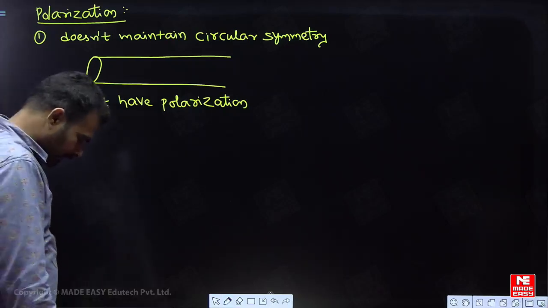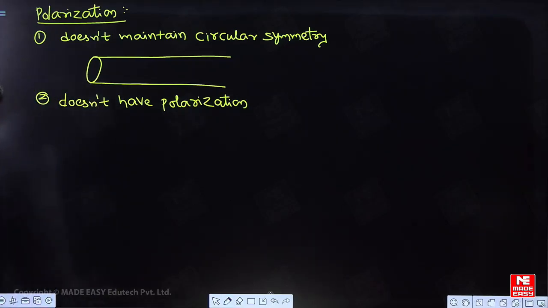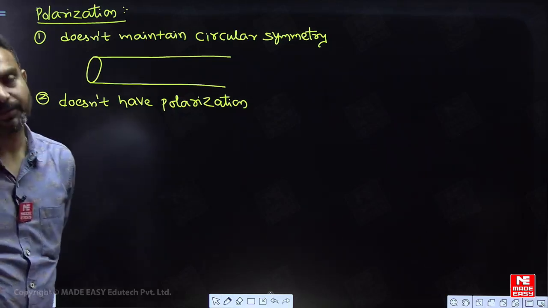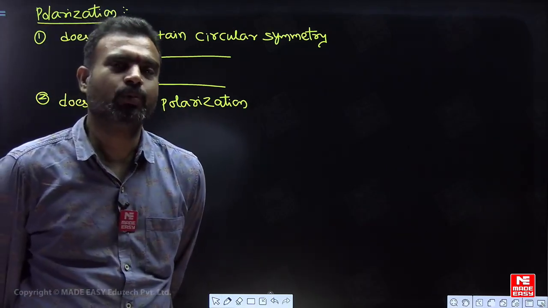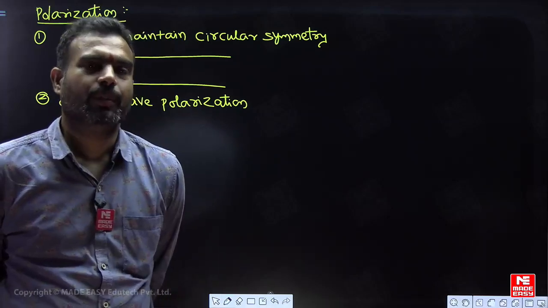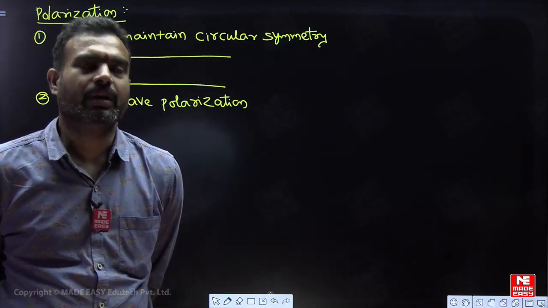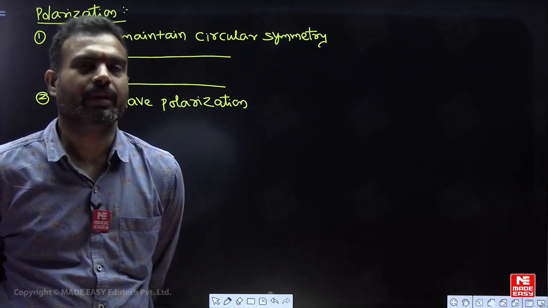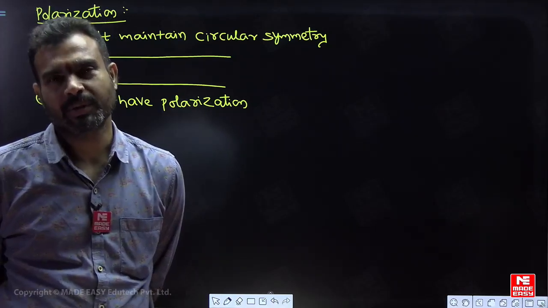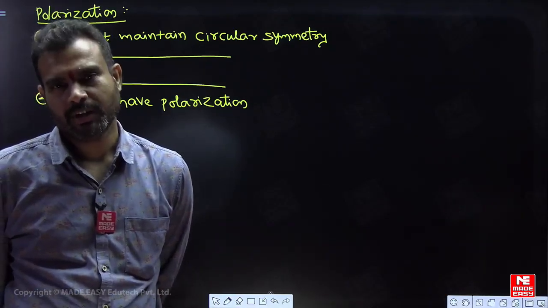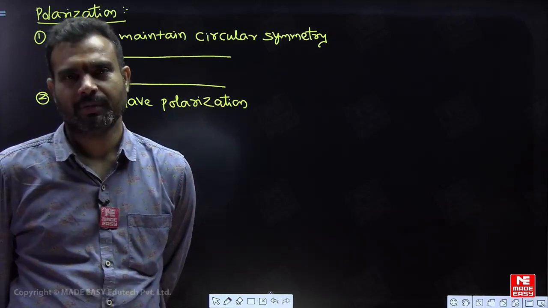Designing becomes very difficult to maintain that much circular symmetry. That is why the polarization cannot be maintained.